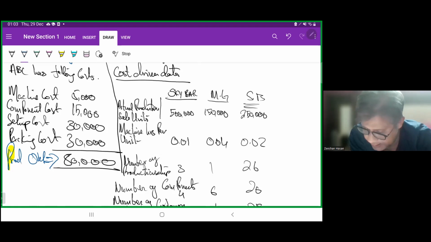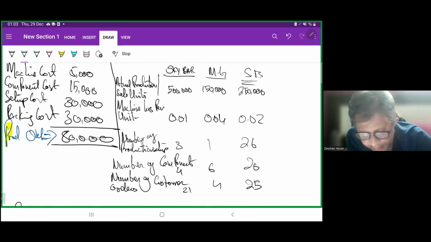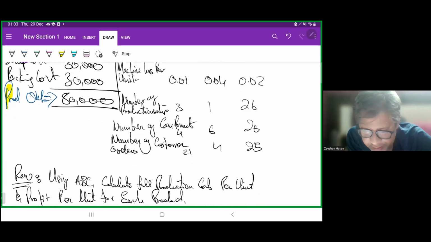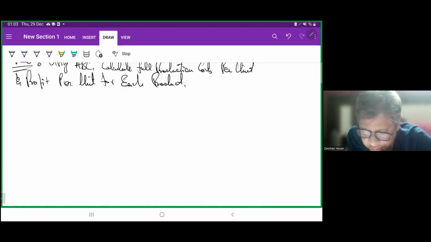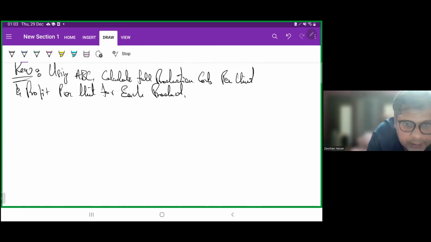Number of customer orders are 21, 4, and 25. Now, what is the question? Using ABC, calculate full production cost per unit and profit per unit for each product.